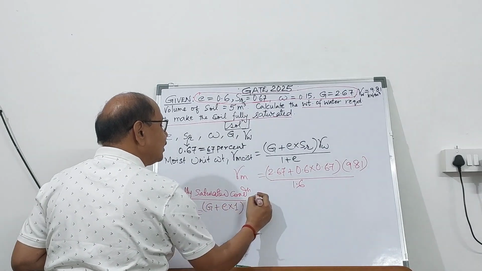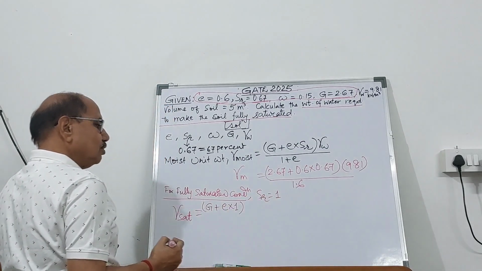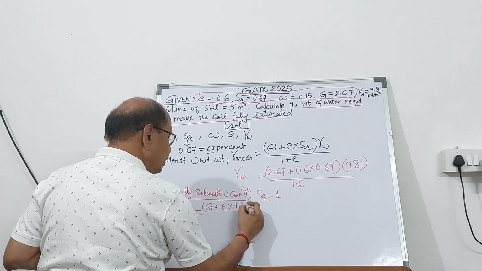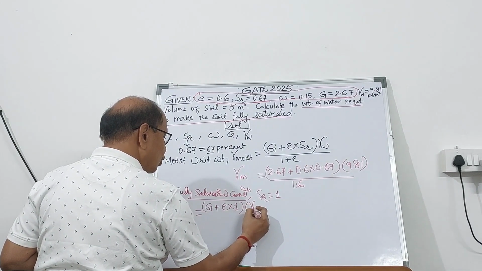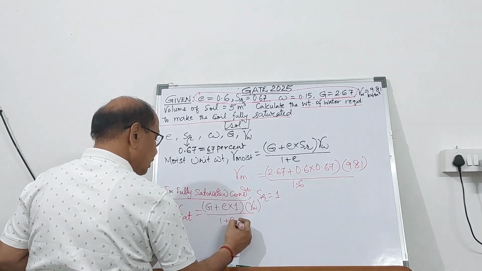For fully saturated condition, the degree of saturation is going to be 1. So G plus e into 1 into gamma w divided by 1 plus e.